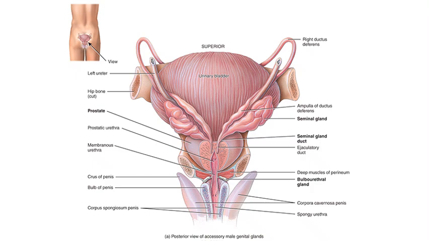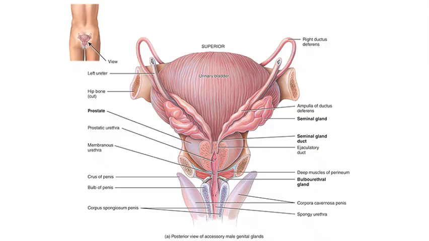Through the seminal gland ducts, they secrete seminal fluid. If you remember, that's a viscous alkaline solution that contains fructose, prostaglandins, and clotting proteins, which are different from those in blood.